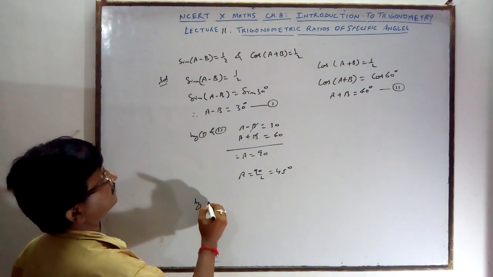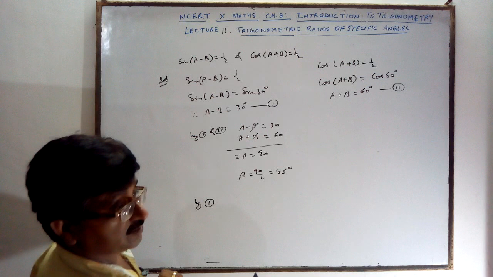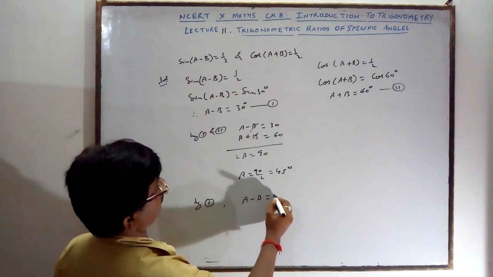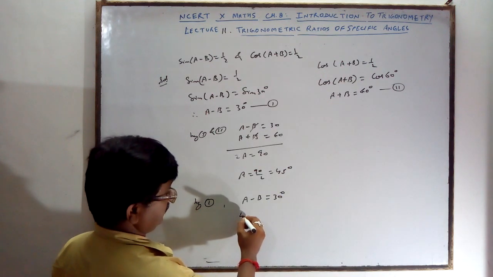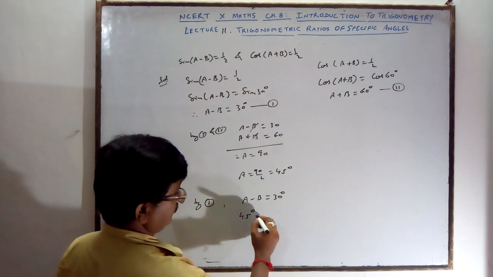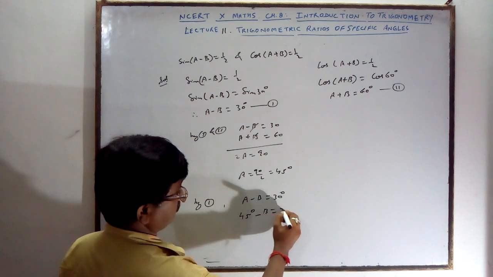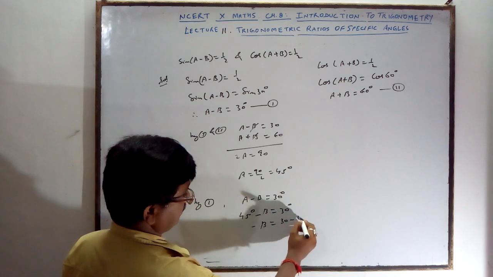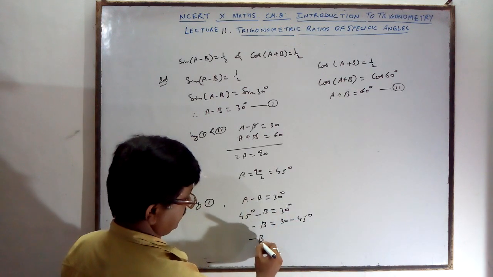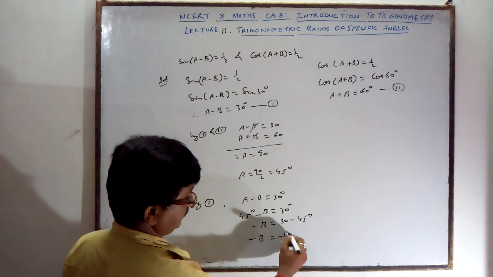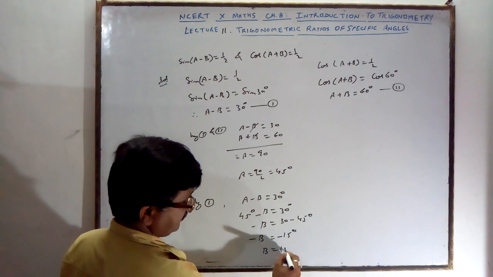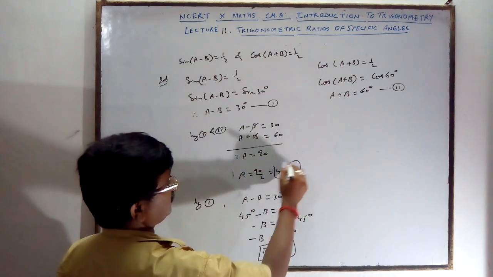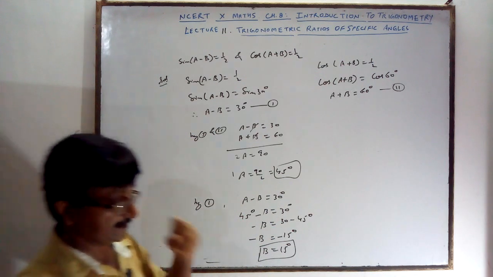By the first equation, A minus B is equal to 30 degrees, so put the value 45 degree. 45 minus B is equal to 30 degree. So minus B is equal to 30 minus 45. What are you getting? Minus B is minus 15. So what is B? 15 degree. You are getting the two answers: one is 45 degree and one is 15 degree.